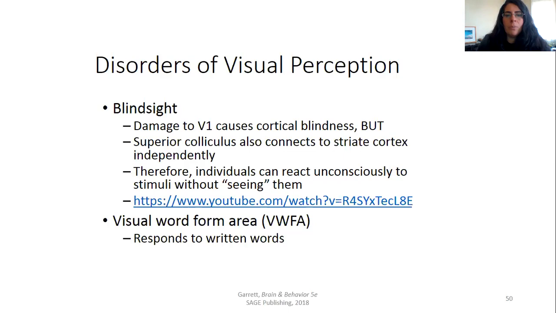However, the superior colliculus is receiving information, and again, individuals can react unconsciously to stimuli without actually seeing them. Okay? Perception, again, is the actual experience of something. It's the seeing of something, whereas sensation is the detection or the receptor activation.